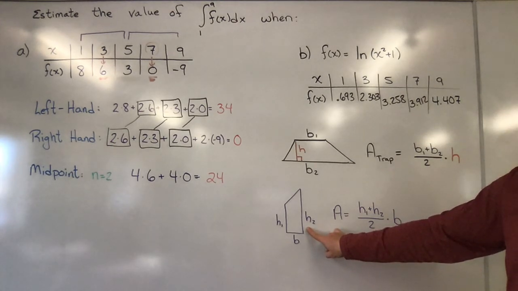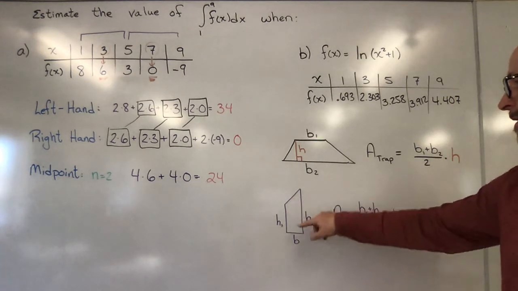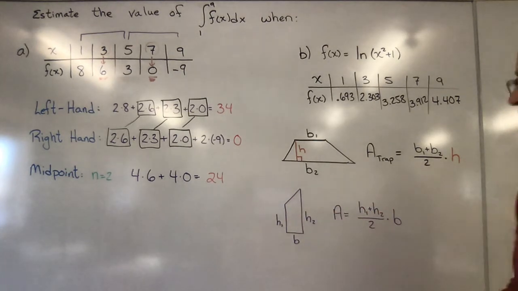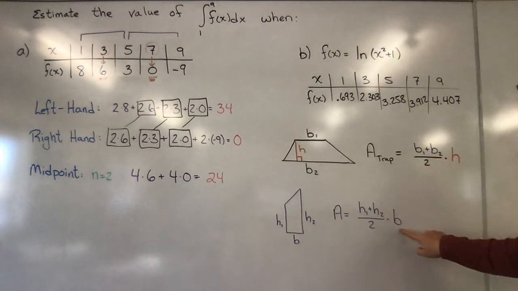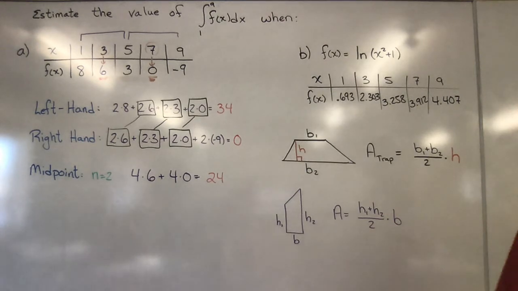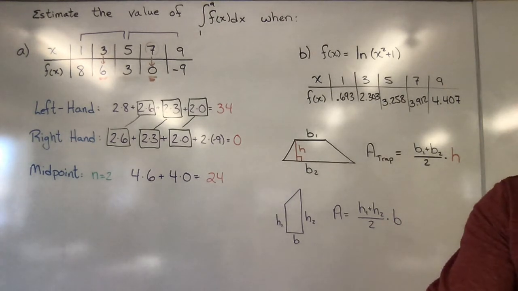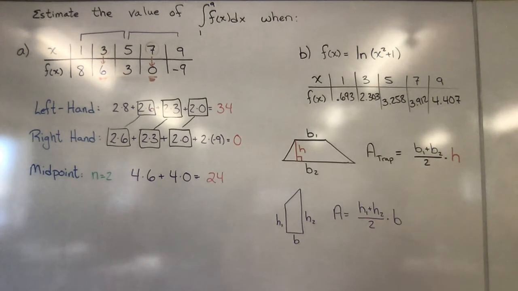So now when I look at this, the base is the same all the way up. The two heights might be different. So I find the average height times the base. And that's the formula that I would use to find a trapezoid estimate, or use trapezoids to find the Riemann sums of a certain integral.